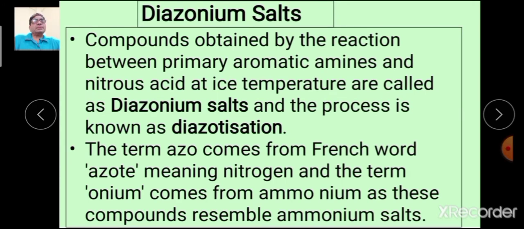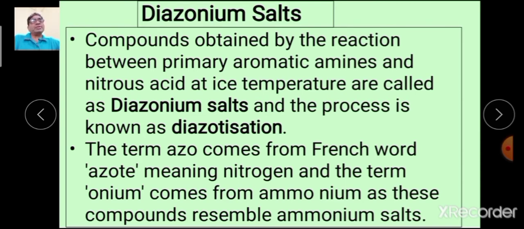Now students, the diazonium compounds are obtained by the reaction between primary aromatic amines and nitrous acid at 0 degree temperature, ice temperature, and they are called salts. The process of formation of these salts is known as diazotization.